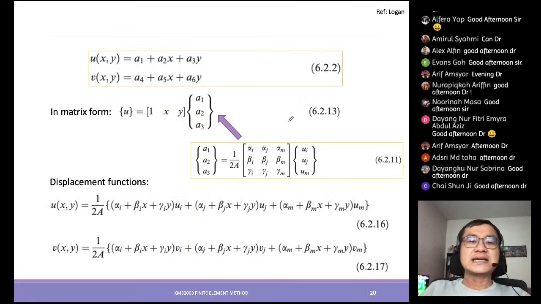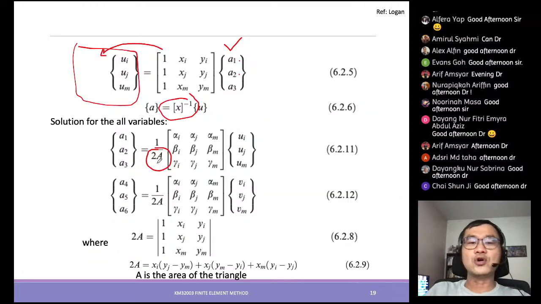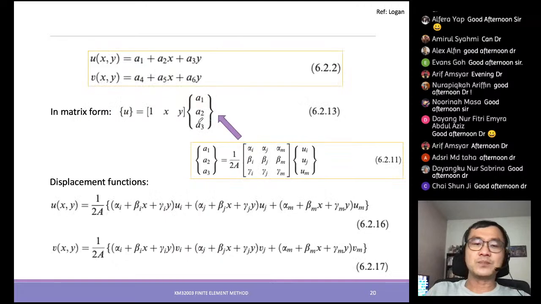So once we obtain that particular form, we can easily resubstitute it into the matrix. Previously in this particular form, we already have these A1, A2, A3 relationships, which tell us what the displacement is. So once we know A1 to A3, we can substitute back into it to form our displacement function, which looks very complex, but when you program it, basically it's just a number of plus and minus and multiplications.